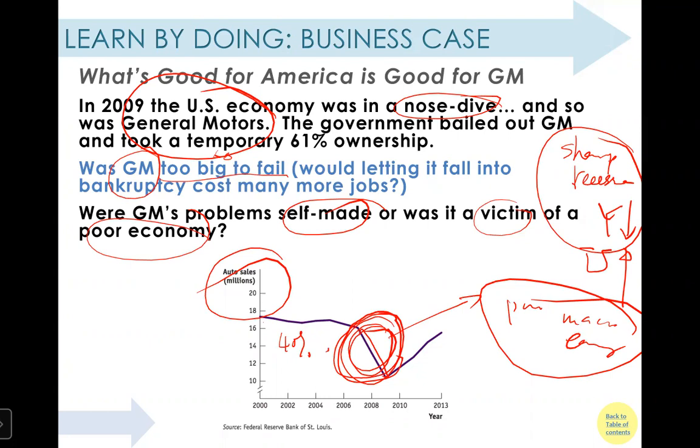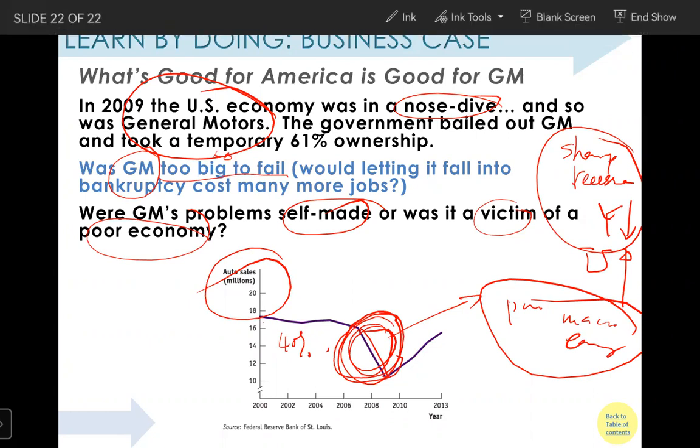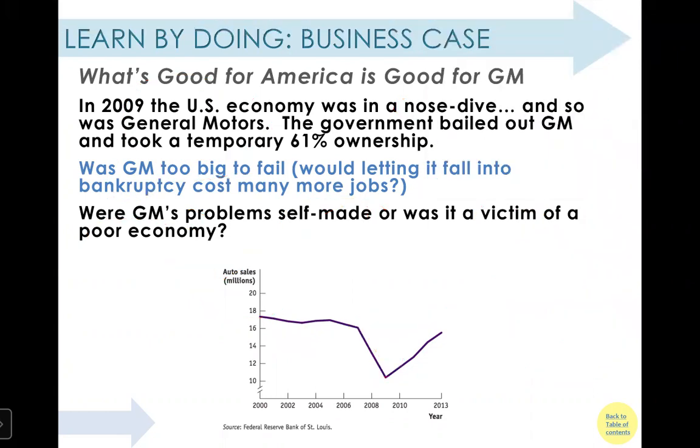So to understand the impact of the bailout, let me give you some numbers, okay? In 2009, at the worst of the recession, the unemployment rate in the state of Michigan, where GM is headquartered and where most of the manufacturing happens, was 14%.